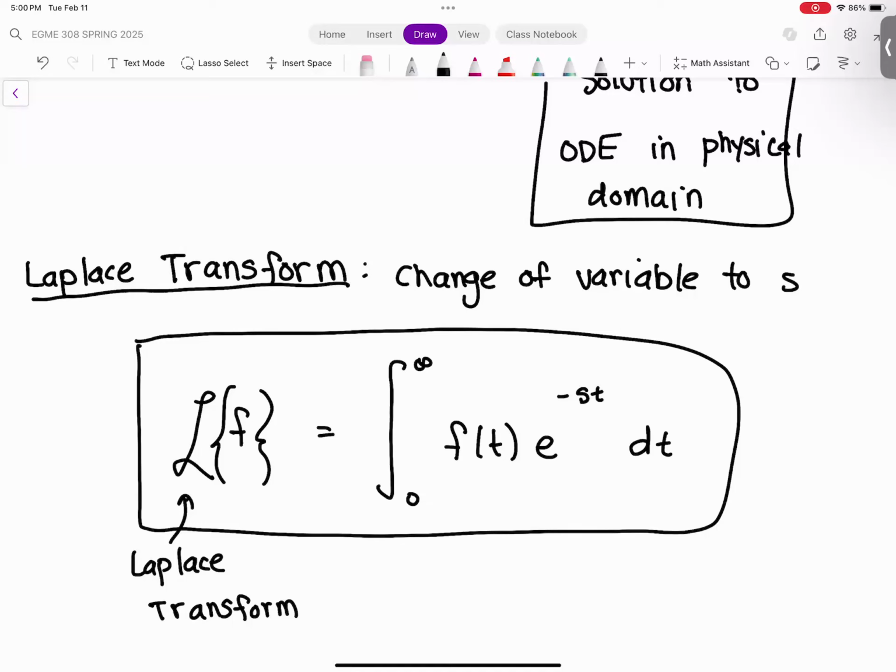And so by performing this integral, your physical variable t is going to be integrated out. And so essentially you're going to be plugging in for it, and it's going to be replaced by a function of s instead. All right, so let's do a couple of examples so that you can see what this looks like.